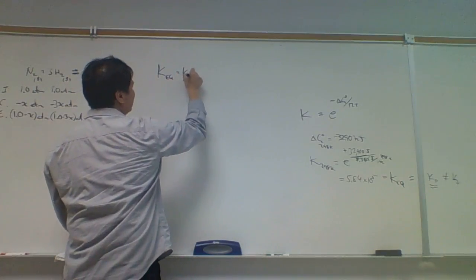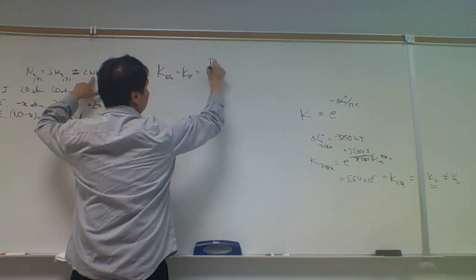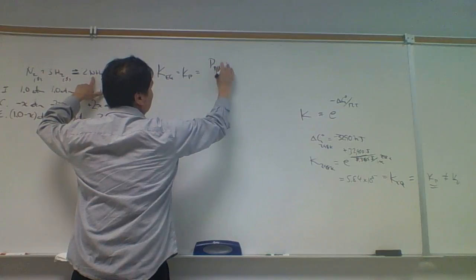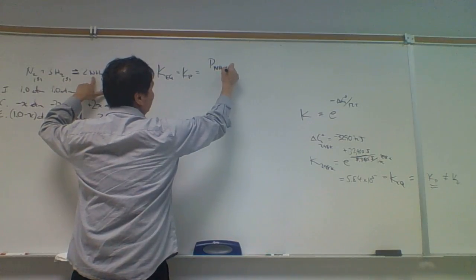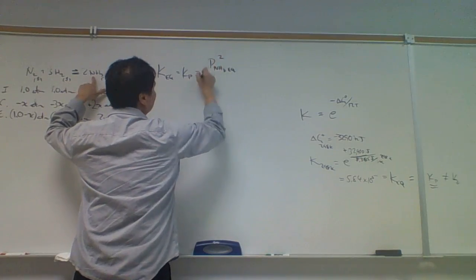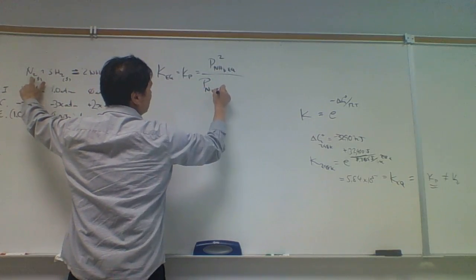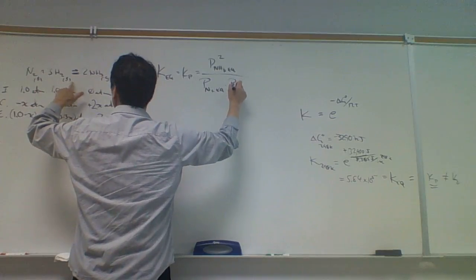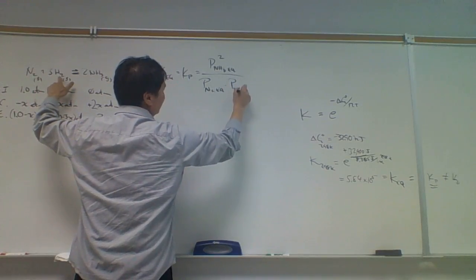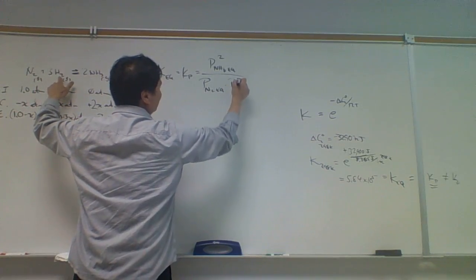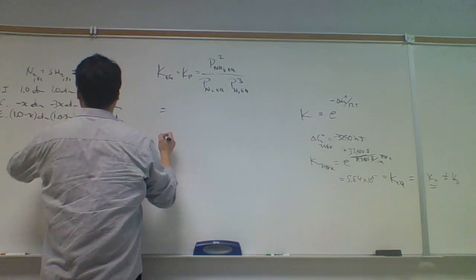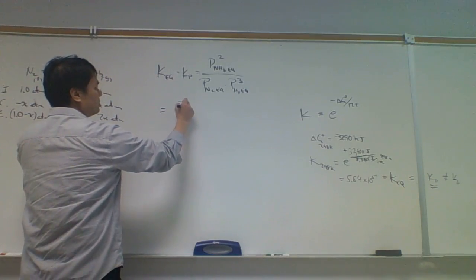And the K_P is just going to equal the partial pressure of NH3 at equilibrium squared over the partial pressure of nitrogen at equilibrium times the partial pressure of hydrogen at equilibrium cubed. All right, so let's go ahead and plug in the equilibrium pressures.